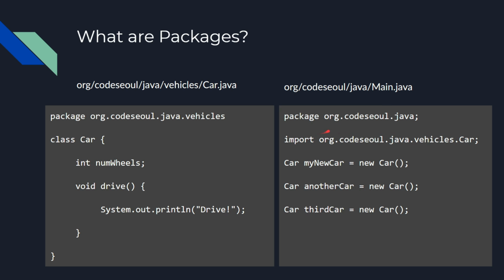So we do import org.codeseoul.java.vehicles.Car. And now we can use the car class in this class. So this is literally just telling Java, where do I find the class file for this? That's all it is. Does that make sense?